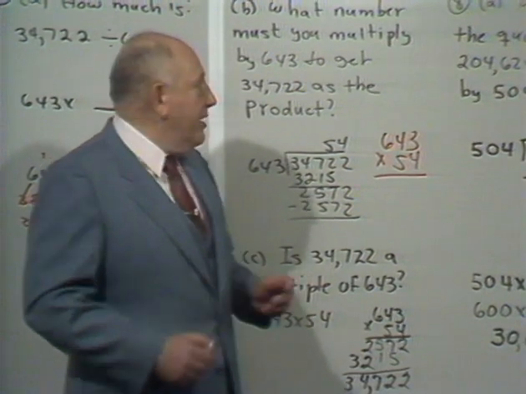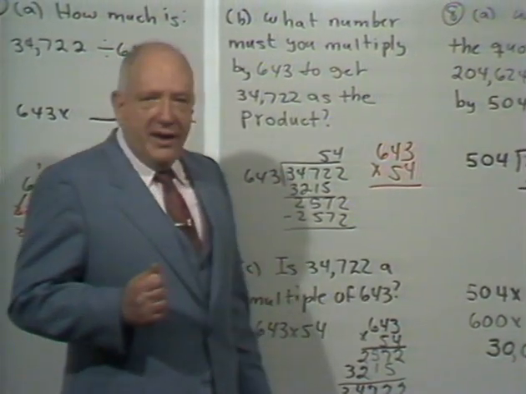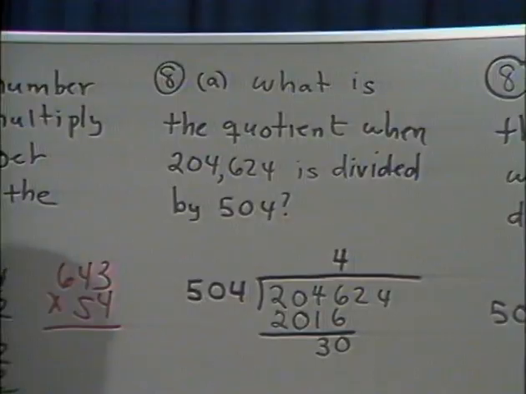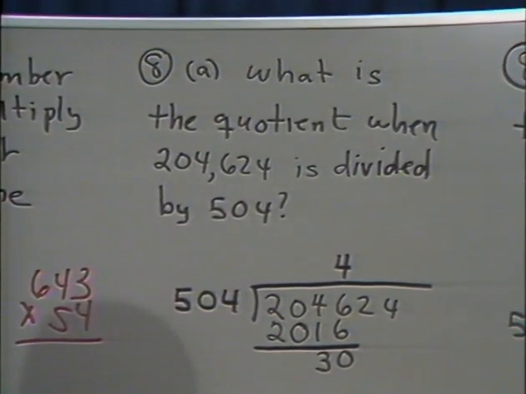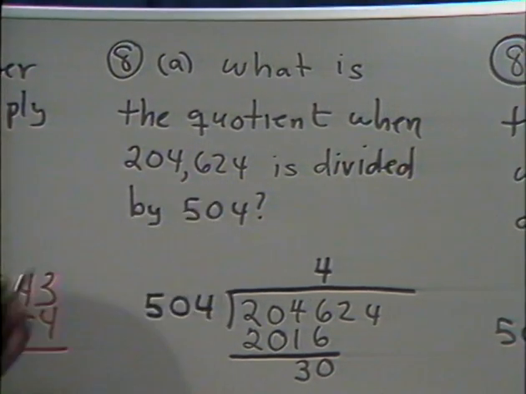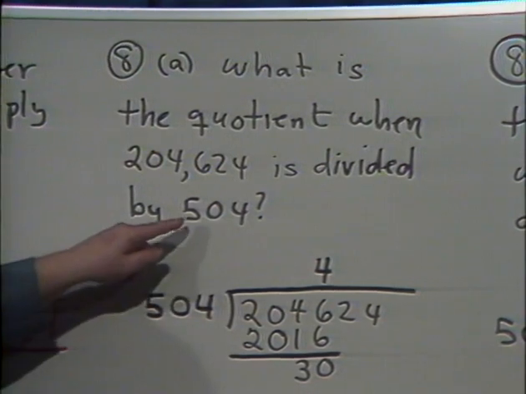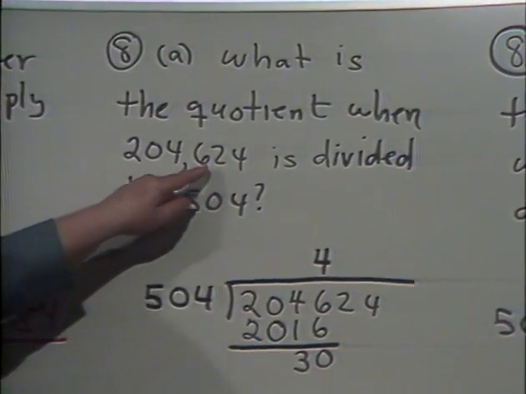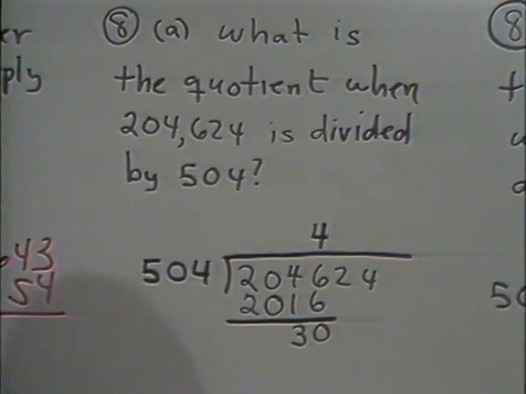And problem number 8 is almost the same thing, but with a few more wrinkles here that I'd like you to see. Problem 8A says, what is the quotient when 204,624 is divided by 504? In other words, what that really says is, if you were counting by 504s, would you come to 204,624? And if so, when?